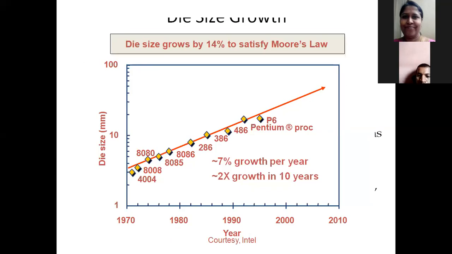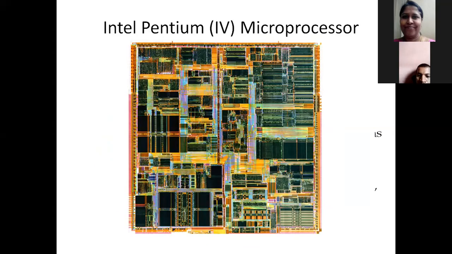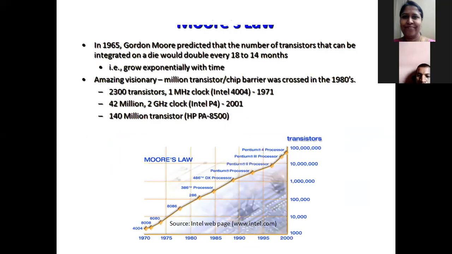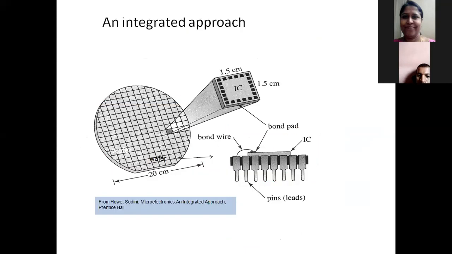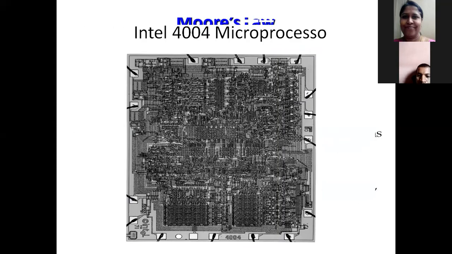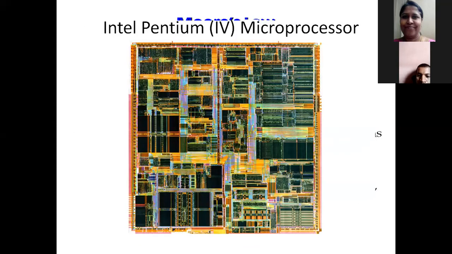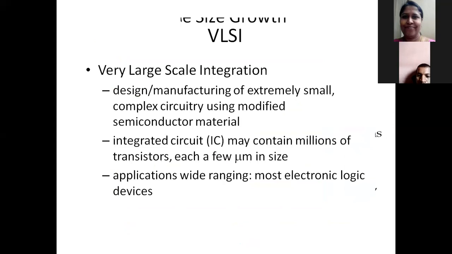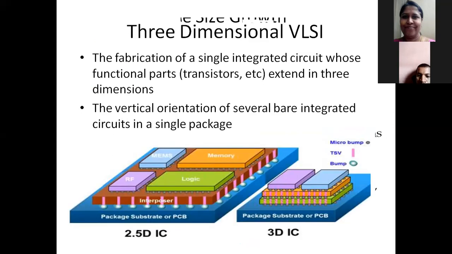One die is one square portion here. What I showed now here, one square portion is one die, DIE. Can you see here? One big microprocessor. It's all on a single chip. Okay, so that's about this one.